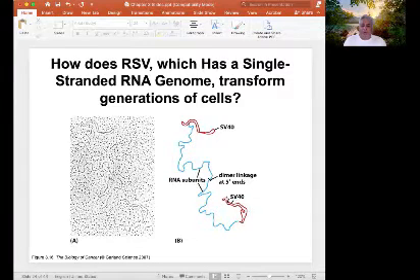And we're using different scientific maneuvers to confirm that the 2 RNA genomes of RSV are associated in this fashion, and they may even be associated with the DNA of the host cell. So that was the initial understanding.